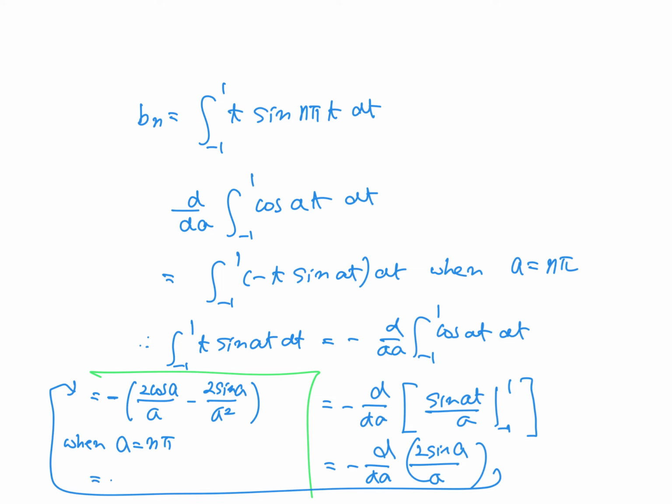This becomes minus 2 over n pi cosine n pi, and sine n pi is always 0. So Bn is simply minus 2 over n pi cosine n pi.